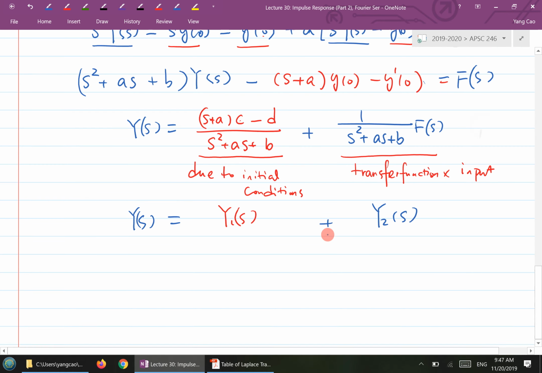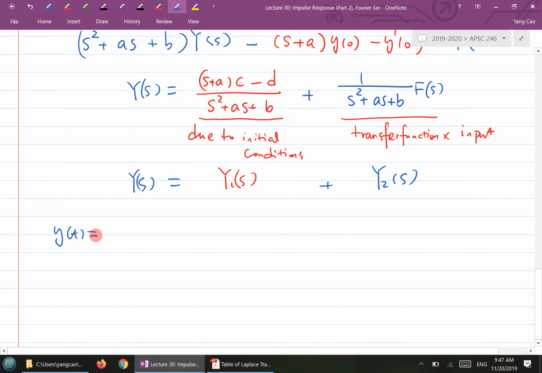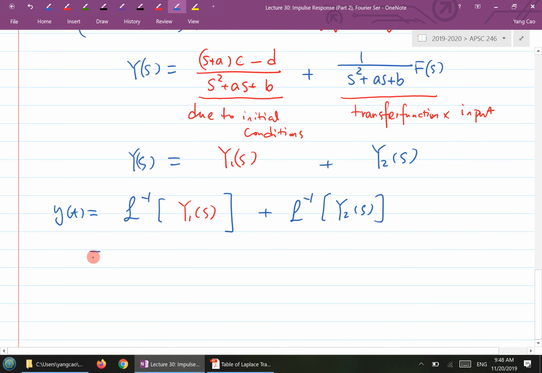And if you're going to try to get y of t, which is the inverse Laplace, it means you're going to get the inverse of the first one, let's use the red color, and the inverse Laplace of the second one. So let's say I call the first one y1 of t, and the second one y2 of t.